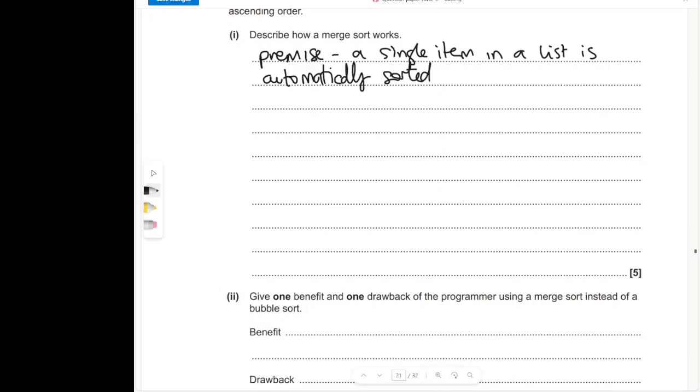Okay, so this is what merge sort uses. So merge sort splits the list repeatedly until every item is on its own.